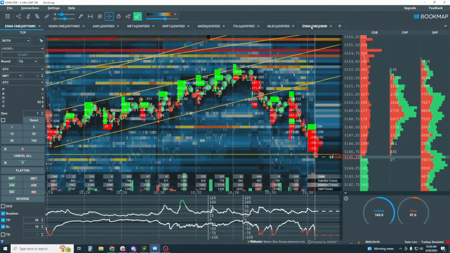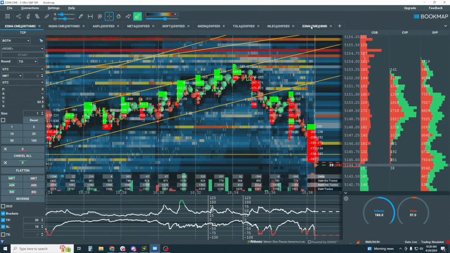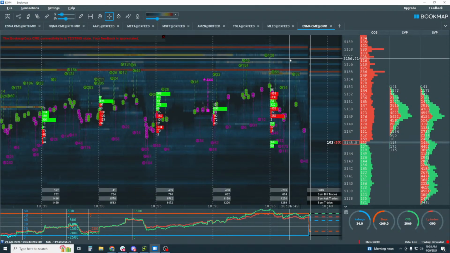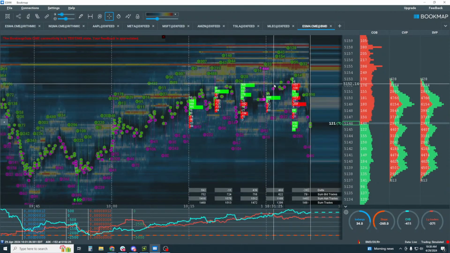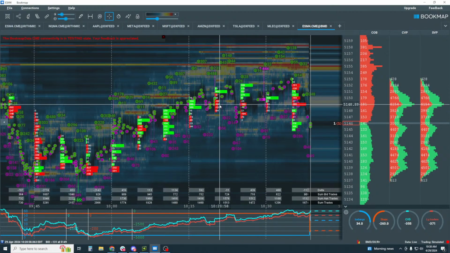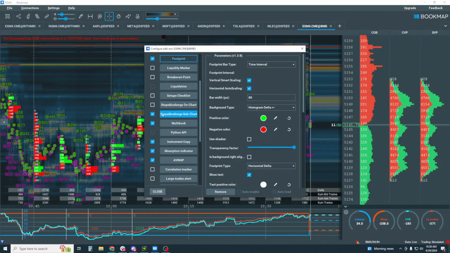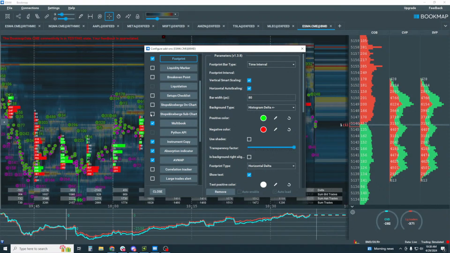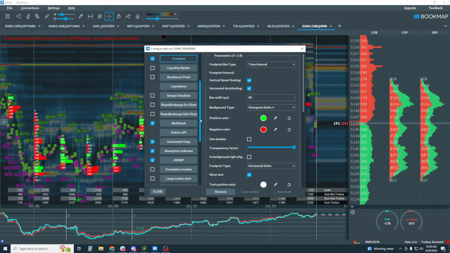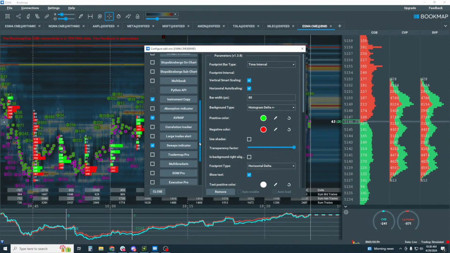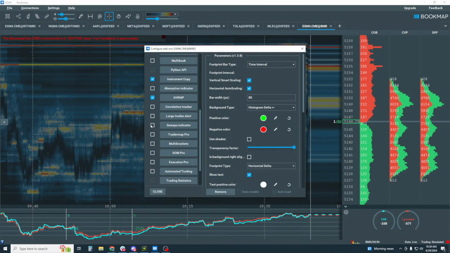Now you can see that I opened up this instrument copy here. All right, and it's showing some different add-ons in here, but we'll take off the sweeps and absorption, also stops and icebergs. We'll just look at our footprint here.